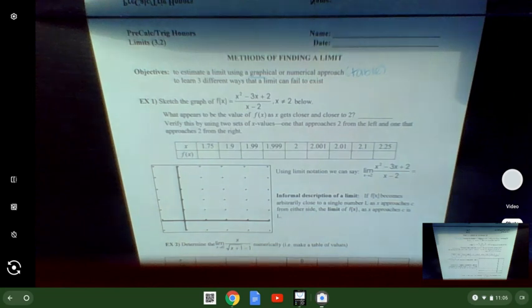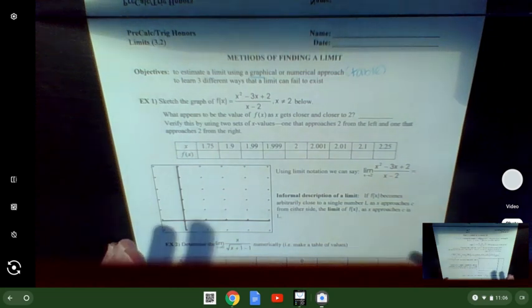You can make really good guesses as to what happened in that split second that you didn't see. And you make that decision based on what happened before and what happened after that split second you did not see.